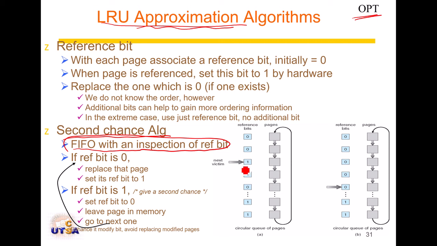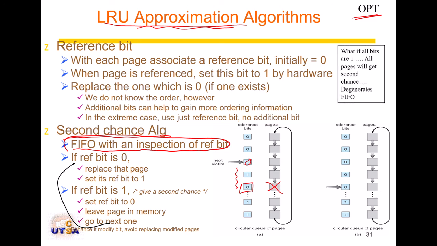They set the bit to 0 this time, so they don't kick out that one and keep going. When they find a page which has not been referenced recently, then they kick out that page. This is a very simple implementation, and it has been shown to give significant improvements over first in, first out, and it somehow approximates the LRU algorithm. Okay, so I just want to mention this one.